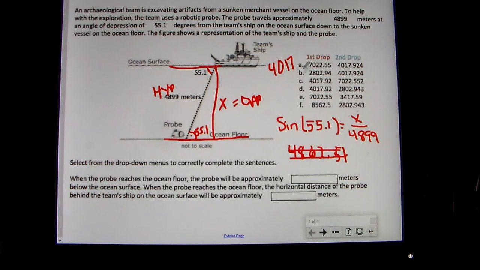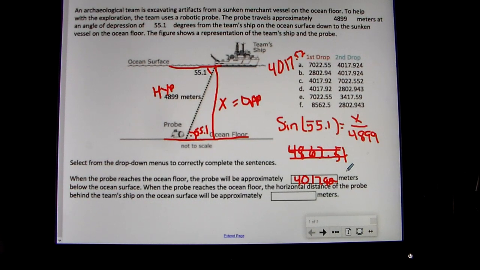It dropped from the top of the ocean to the bottom of the ocean. So in our first box, I know it's a little tough to see, we got 4,017.92 meters. That's how far the probe dropped.